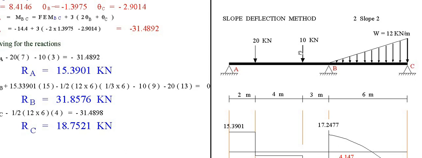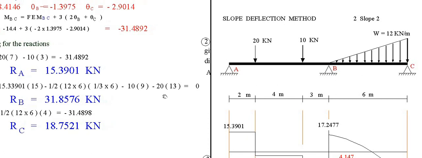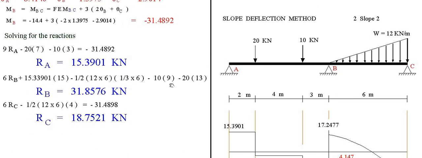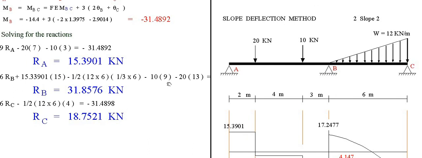Then concentrated load of 10 times distance of 9, here to here 9. Then 20 times distance of 13. This is 9 and 4, 13. Then equate that to 0. We have only one unknown, RB. RB is 31.8576. It's easy to solve.